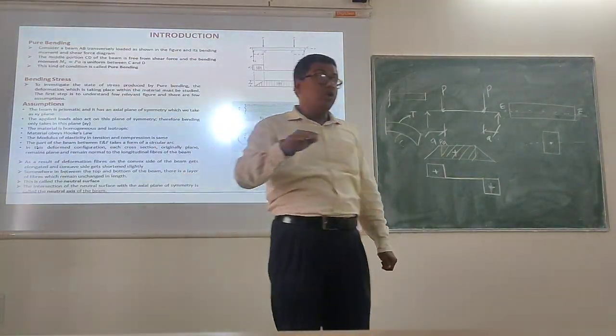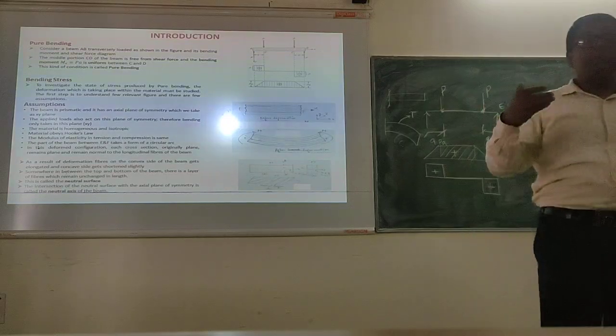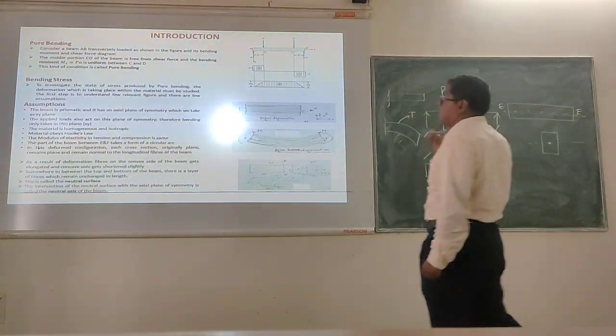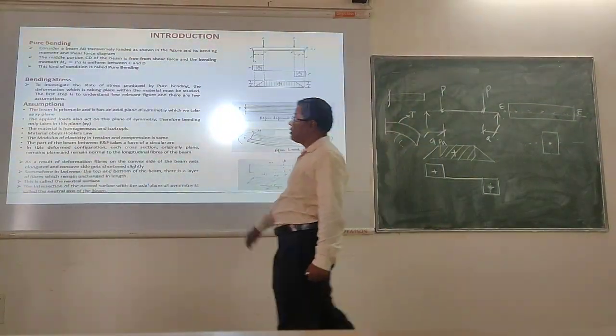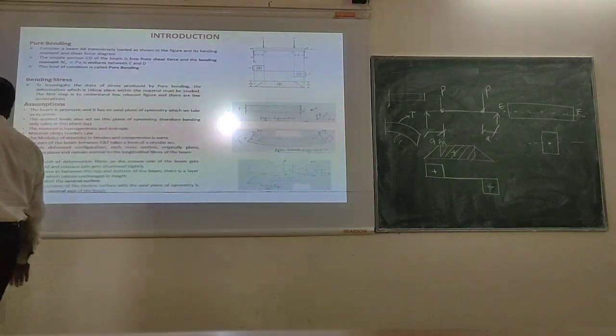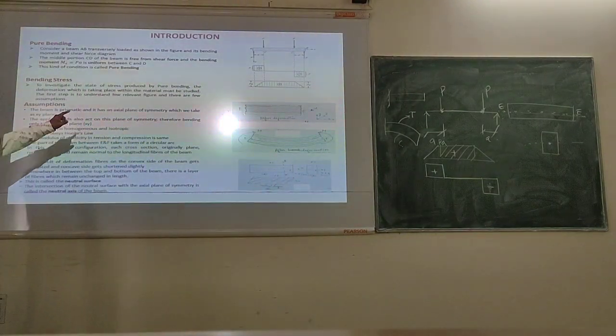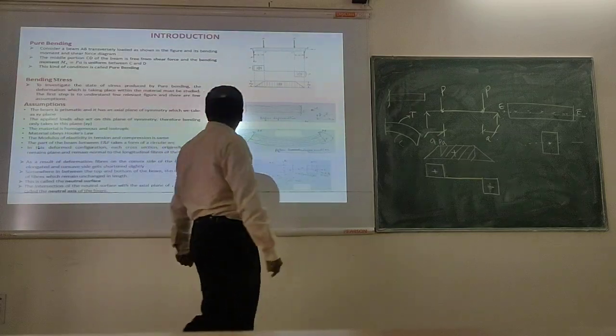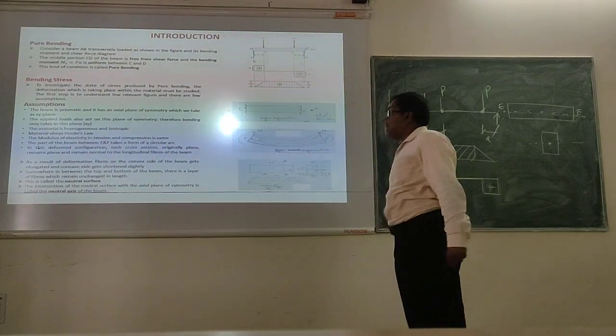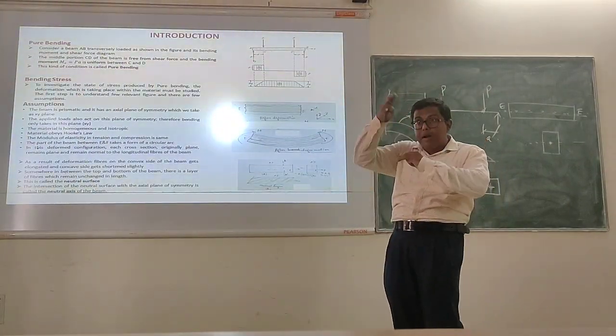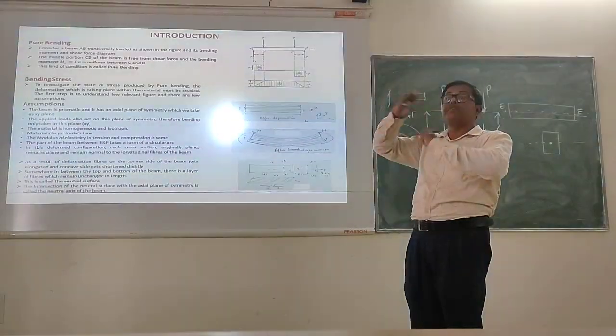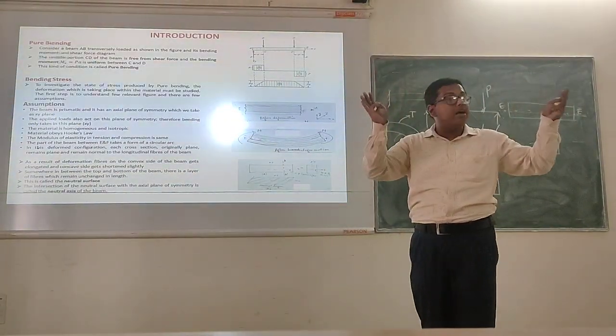Okay? Now developing this theory of bending stress, we need to have some assumptions. What are those assumptions? The first assumption, you can see the beam is prismatic and it has an axial plane of symmetry which we take as XY plane. It should be symmetric. And prismatic member I have explained earlier.